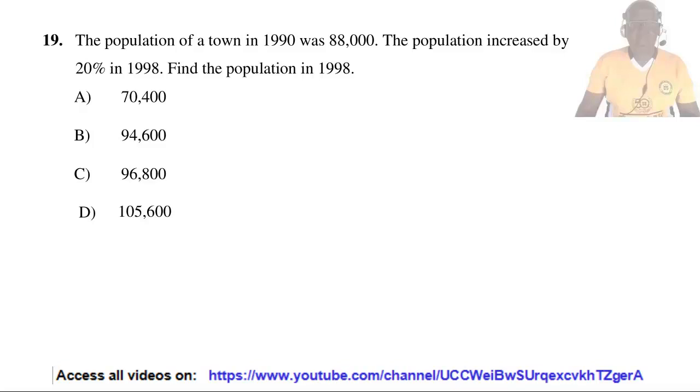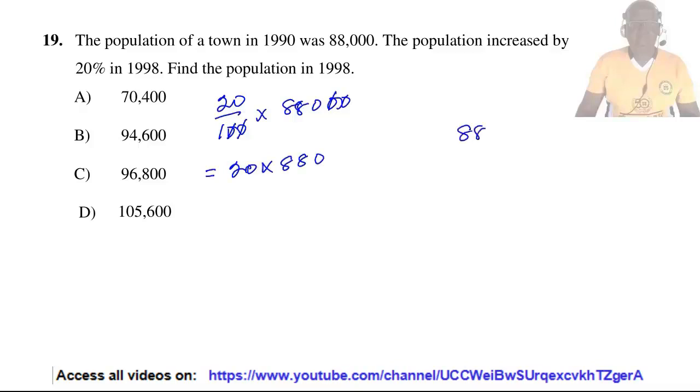We shall first calculate the increase in population, which is 20% of 88,000, or 20 over 100 times 88,000. Zeros will cancel out. So we shall get 20 times 88 0. So 88 0 times 20.